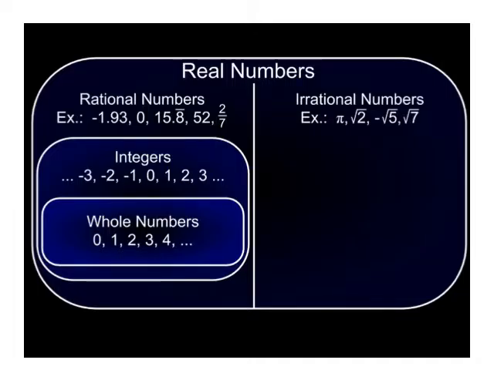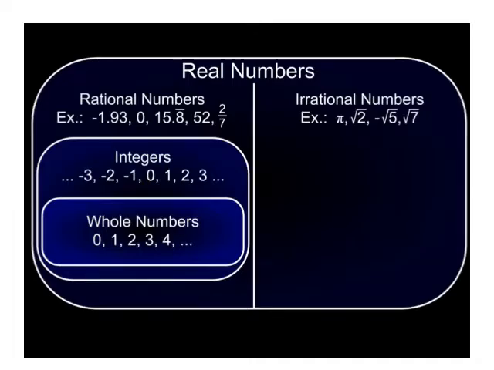Now, on the rational side, on the left side, you can see lots of different examples. I got negative 1.93. It's a decimal. I can write it out, right? 0 is a rational number. You'll notice 0 also appears later as well, but it is rational. It's just that some of these others are subsections of it.